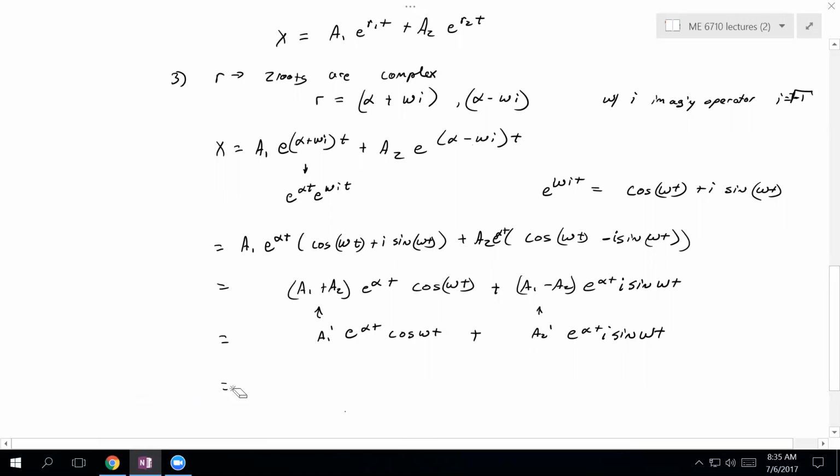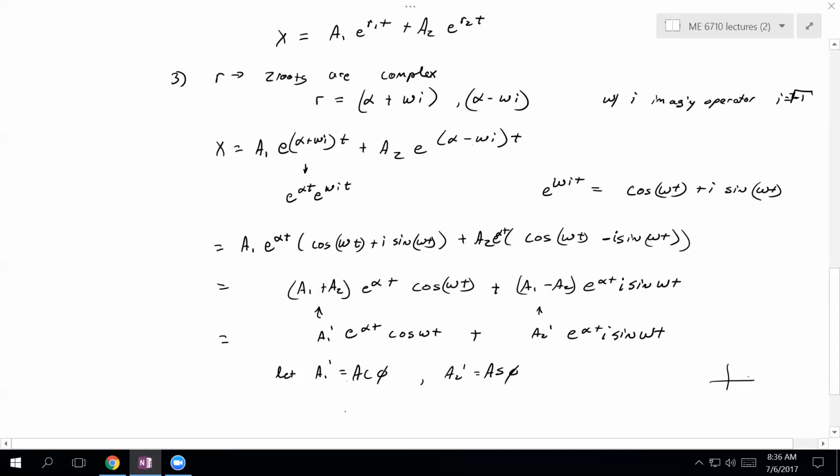I'm going to let A1 prime equal cos phi and A2 prime equal sine phi. I can do that. You could show that I can do that. When I go about that process, actually, I need to make it some constant A.